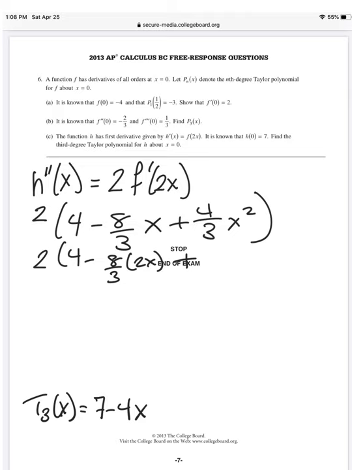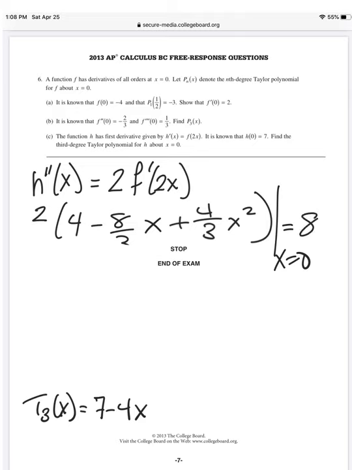Actually not, because we already put the 2x in there from the previous problem. But now x equals 0, so that x goes away, that goes away. So 2 times 4 would just be 8. So this would be the second derivative, so that would be plus 8 over 2 factorial x squared.